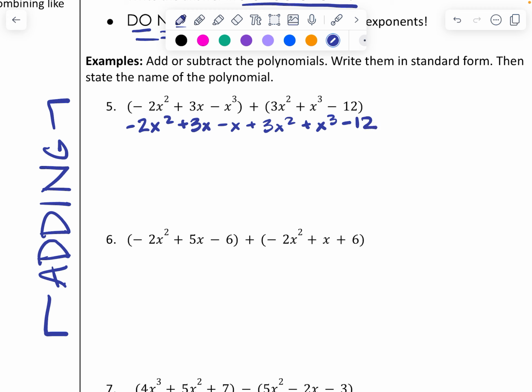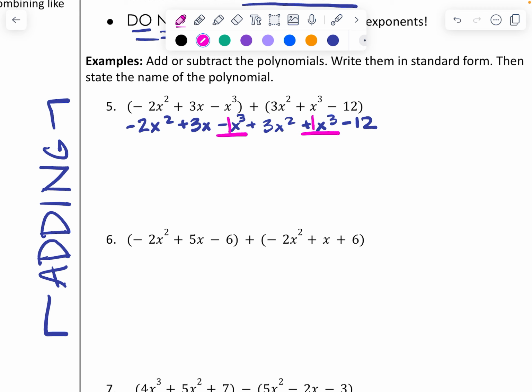I like to just go ahead and start with the highest exponent because that would be my first term, x cubed. There are no other... There are, because I forgot to write a cubed there. So I have a positive 1x cubed here and a negative 1x cubed.